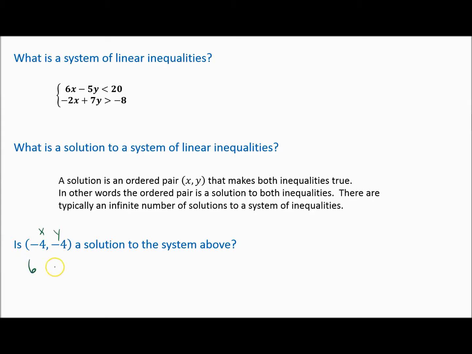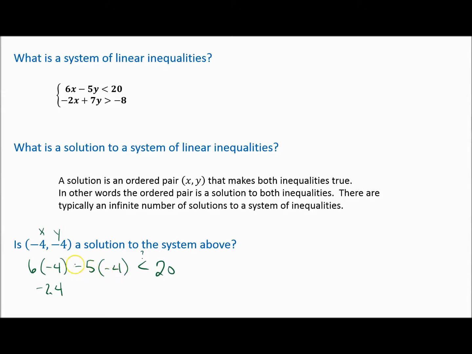So I have 6, I'm going to replace my x with negative 4, minus 5, I'm going to replace my y with negative 4 as well. Is that less than 20? That's the question. So 6 times negative 4 is negative 24, minus 5 times negative 4.